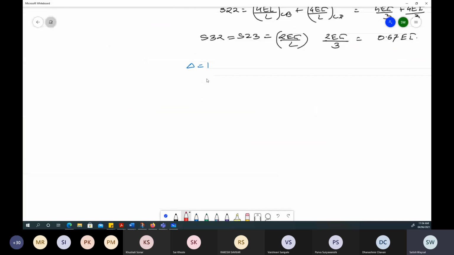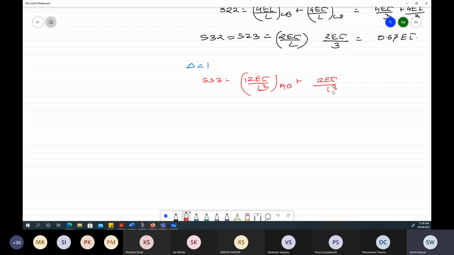S33 will be equal to 12 EI upon L cube for one column, that is AB, plus 12 EI upon L cube for the second column, that is CD.